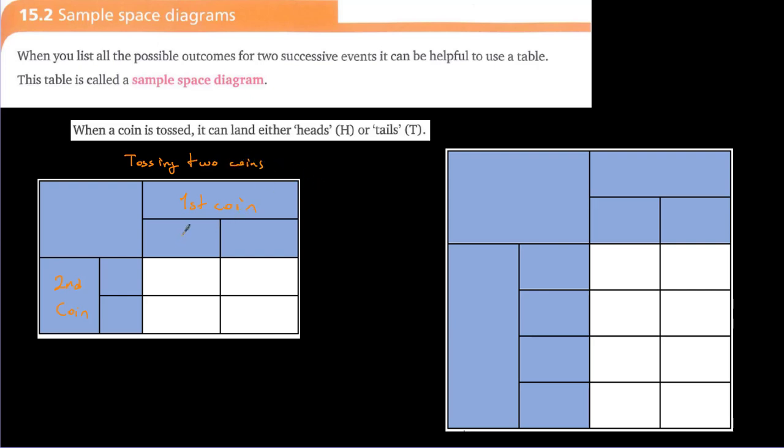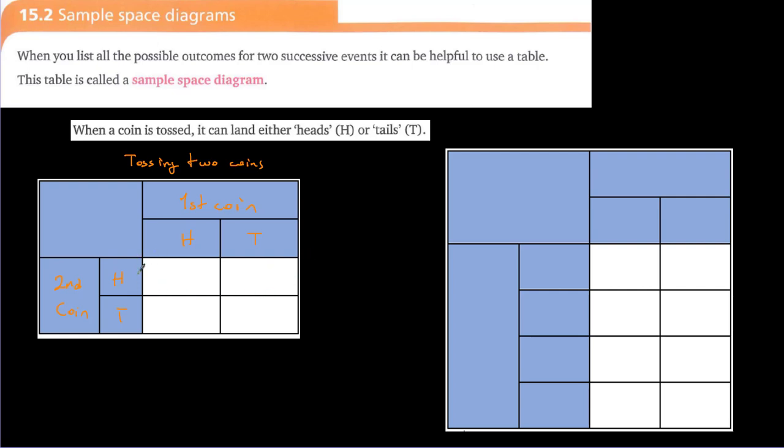So for the first coin there are head and tail possible cases. For the second coin, again the same, head and tail possible cases. As you see in the diagram, when you draw it like this, it is easy to match.